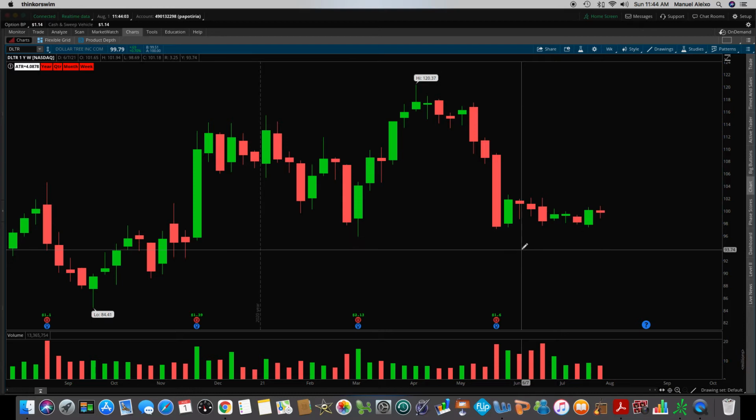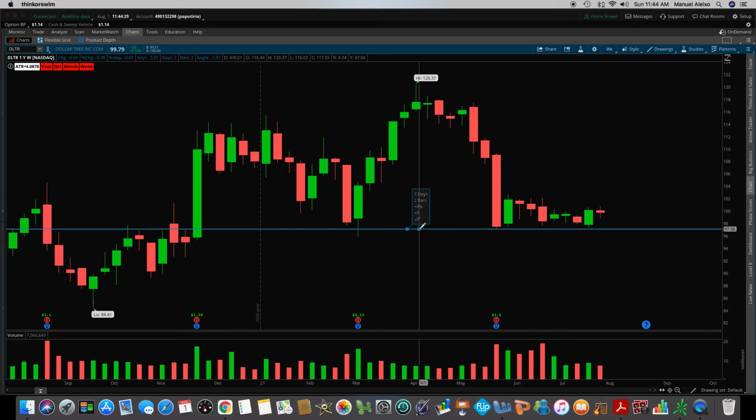Taking it from a weekly chart, let's just see here. There's a tremendous amount of consolidation in the last 9 weeks, okay? You can clearly see that there's also a lot of support in this area. I'm going to call it the $97 area, and let me just draw, and I'll show you why.